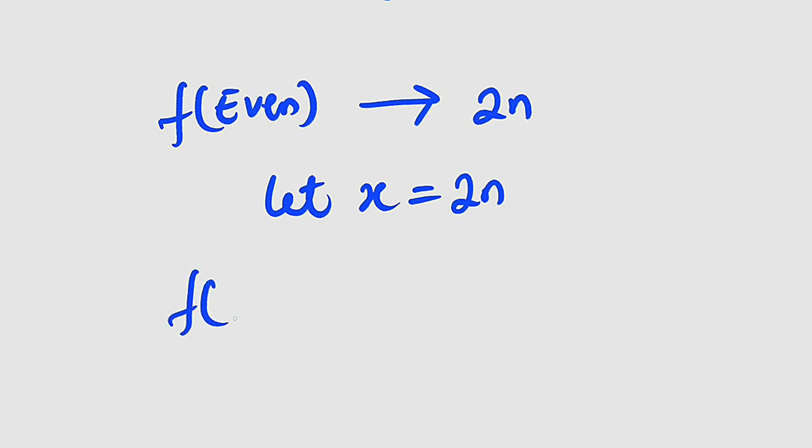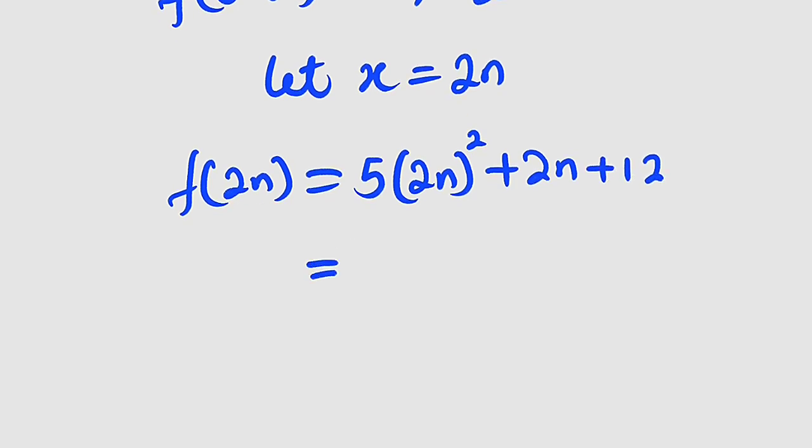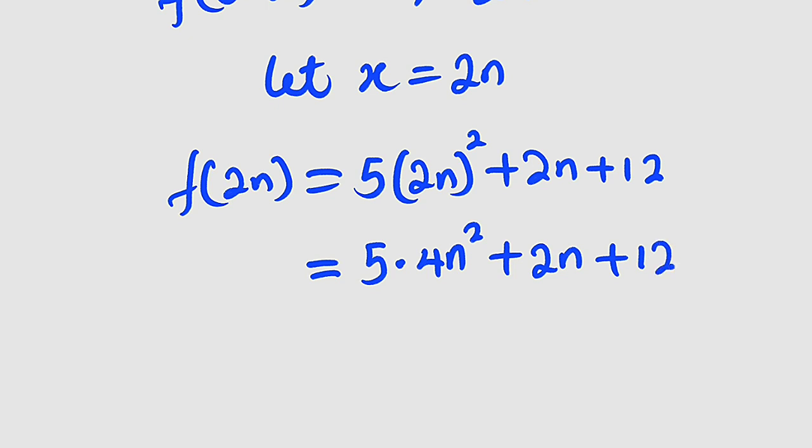So we have f of 2n equal to 5 multiplied by 2n raised to the power of 2, plus 2n, then plus 12. This is equal to 5 multiplied by 4n squared, because 2n to the power of 2 is 4n squared, then plus 2n, then plus 12.